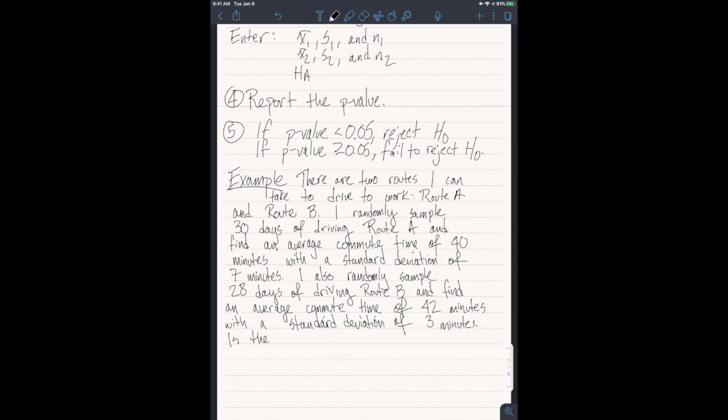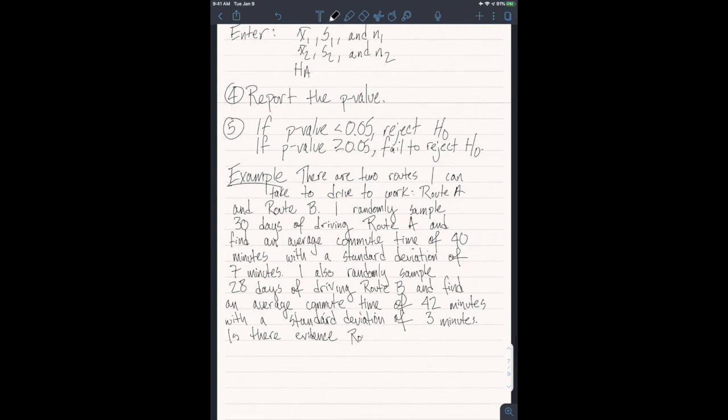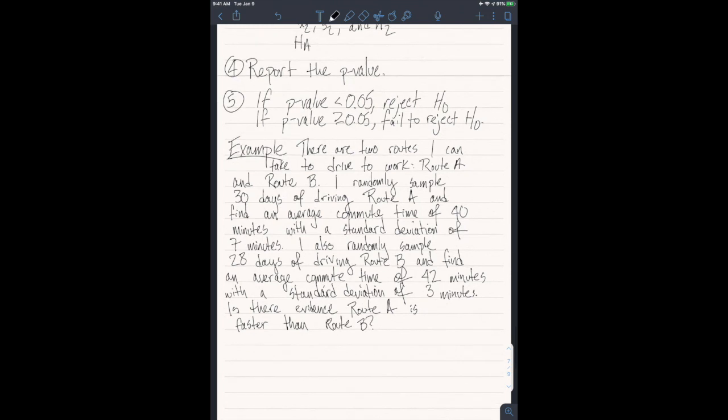Is there evidence route A is faster than route B? That'll be the example we're doing.